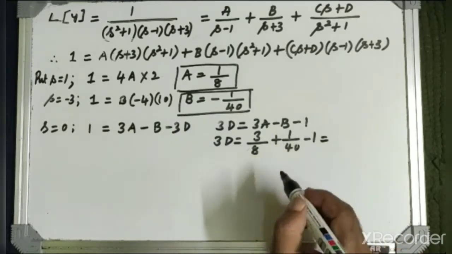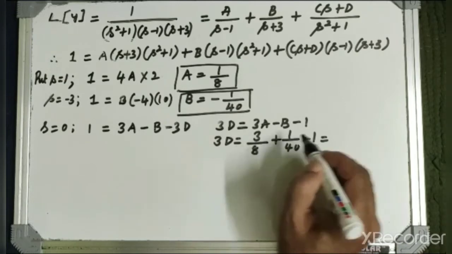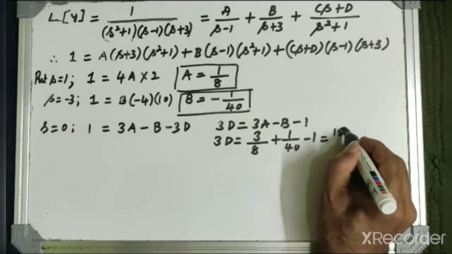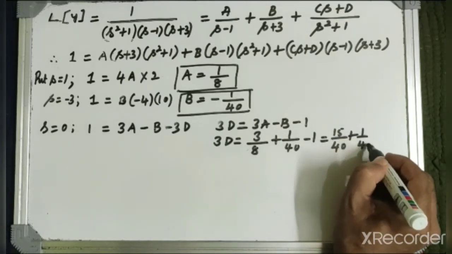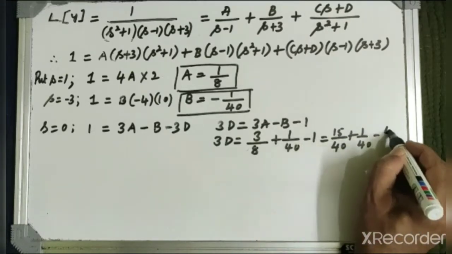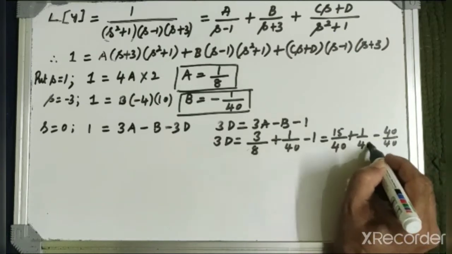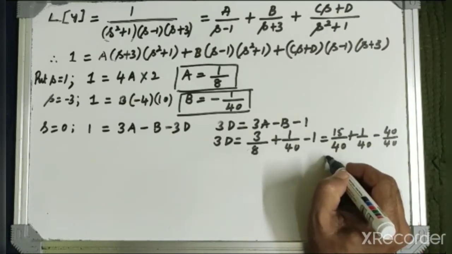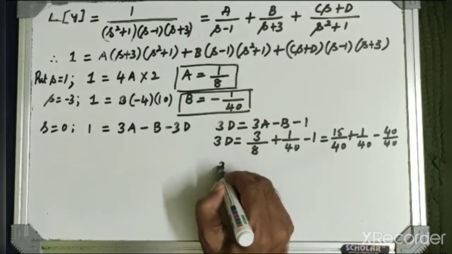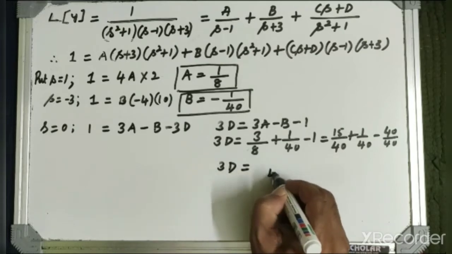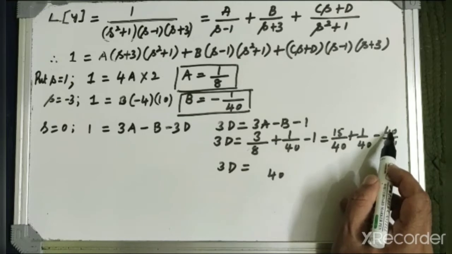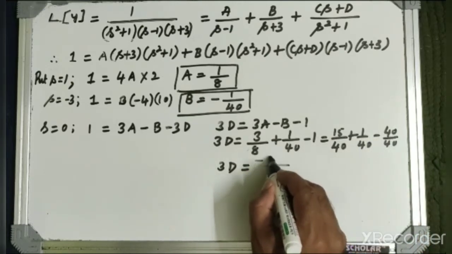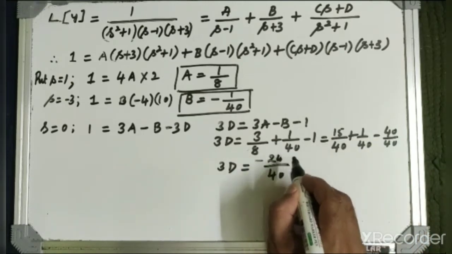So this we can write by multiplying and dividing by 5 here: 3 into 5 is 15, divided by 8 into 5 is 40, plus 1 by 40 minus 40 by 40. 1 can be written as 40 by 40, so the LCM is 40. If you take the LCM, 3D will be equal to, in the numerator, 15 plus 1 is 16, minus 40, so minus 24, over 40.